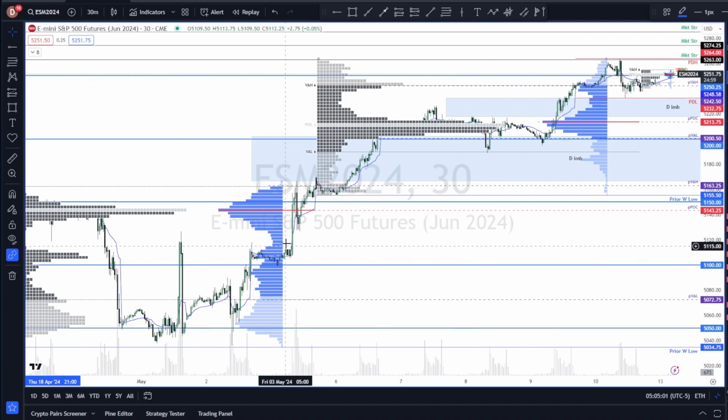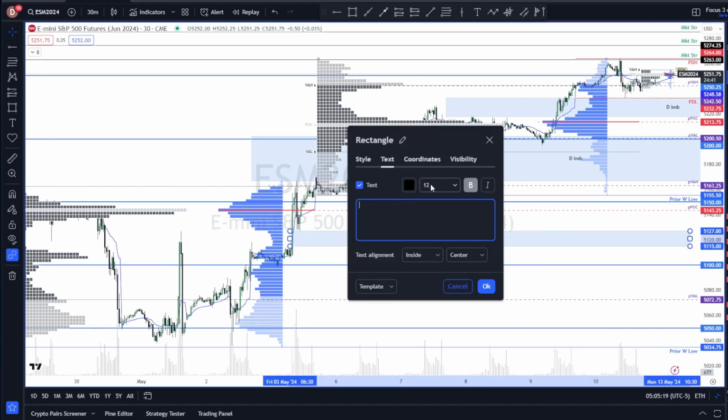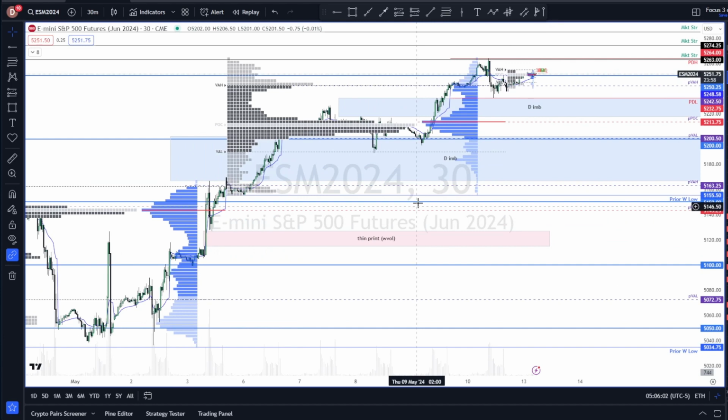And then we can get into some of the intricacies within here to the downside as well. So we do have this little bit of a thin print or a volume gap right through here. That I will mark off. And I'll usually mark this off in pink.